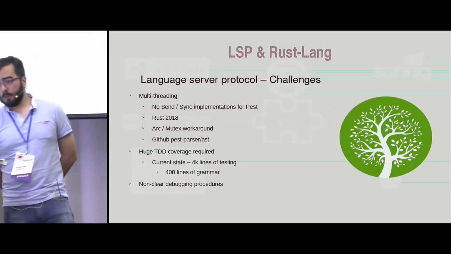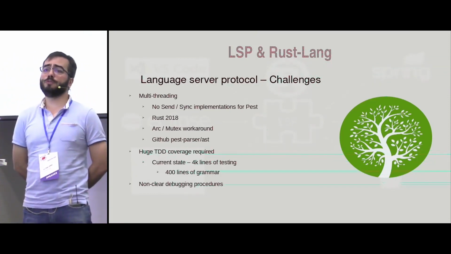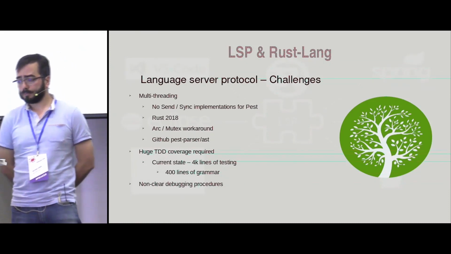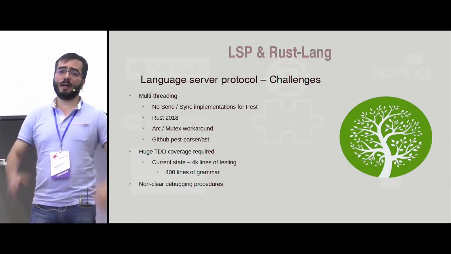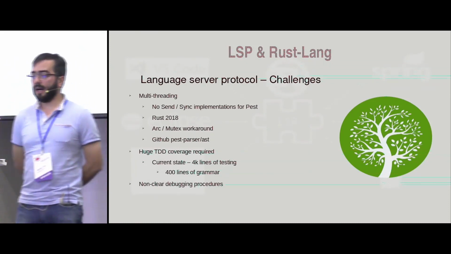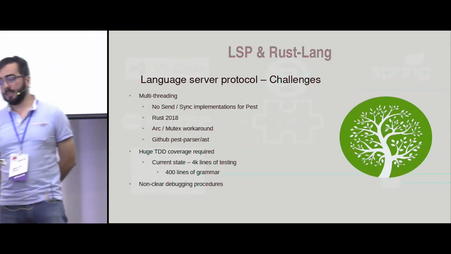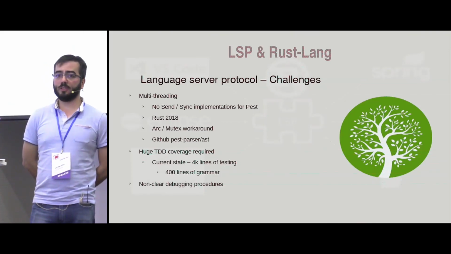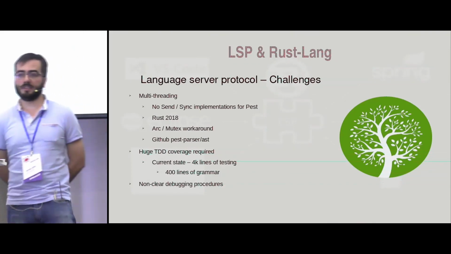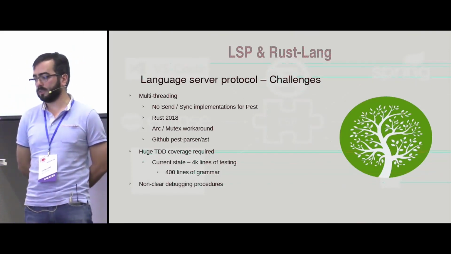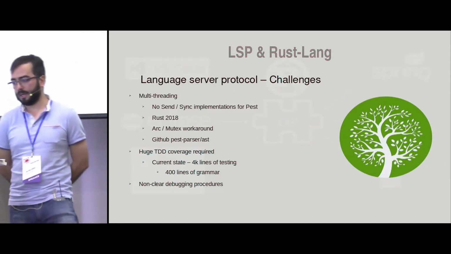But anyway, the way I had to fix this particular problem is to use an Arc and a Mutex to access the parsed tree on the main thread. So this was the way, and it's not a big problem since we're not talking about different developers accessing the same resource. We'll not have concurrency problems there.